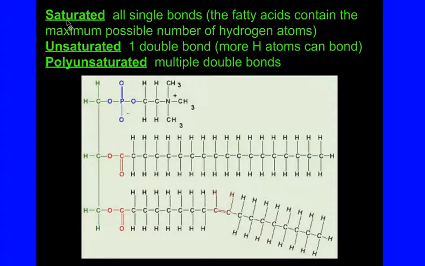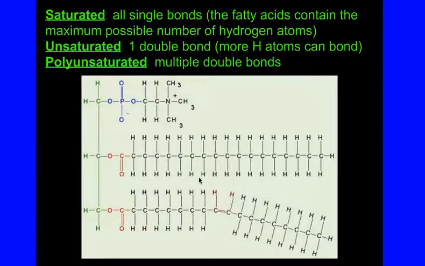Lipids can be what we call saturated. This means that there's all single bonds between the carbons, and you can see here this is a saturated fatty acid. It has all single bonds between the carbons. They can also be unsaturated, which means there's a double bond, and here is a fatty acid with a double bond in the middle.